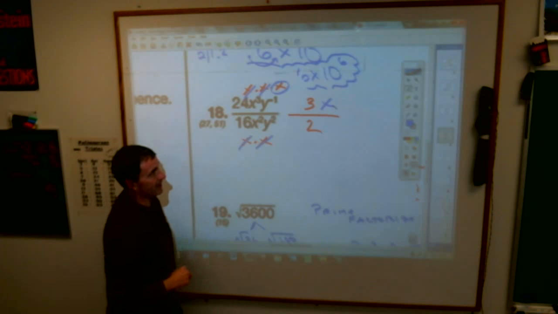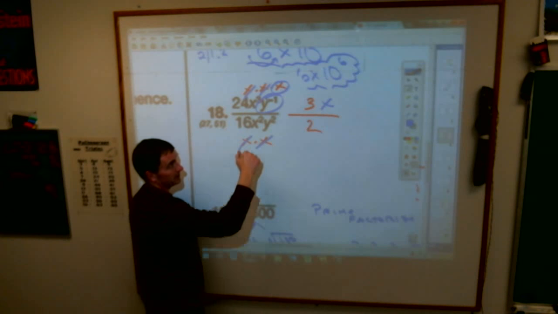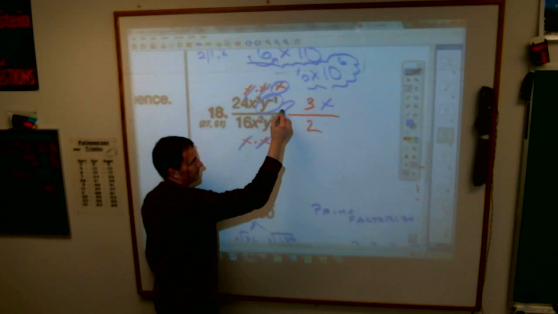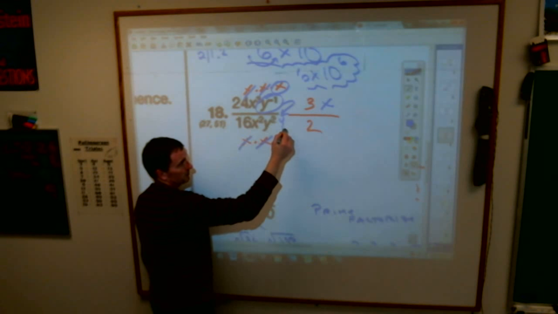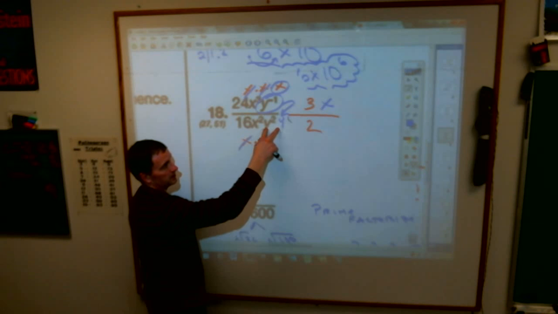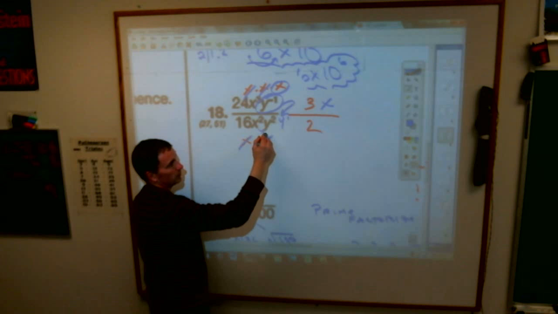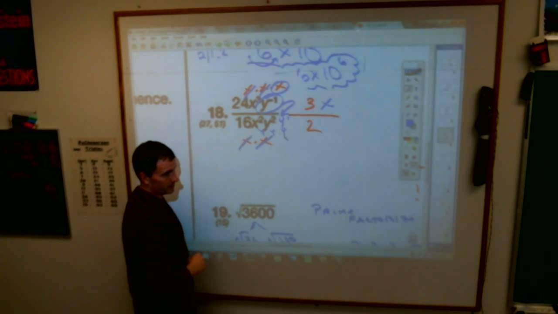Then we have to deal with the y's. I don't deal with negative exponents, so I change them to positive exponents by moving them from top to bottom or bottom to top. This one's on top, so I move it to the bottom, it becomes y to the first power. When I put this together, this is y squared, y times y, times another y, how many y's is that on the bottom?